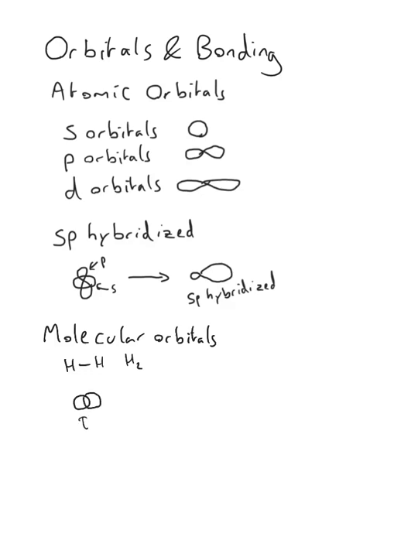Now this would be your two atomic orbitals, but a more correct depiction of that would be a molecular orbital, because that is now the overall average area in which electrons would be found.